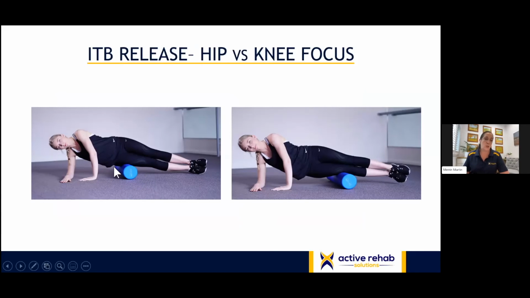And I find that you should be doing right up the top of the hip. If you're going to do a release, try and encourage a bit of TFL work as well, up the very, very top. They're both internal rotators and will increase that valgus knee drop and increase the risk of patellofemoral pain. So working with the roller, giving a massage effect on the very top of the hip is highly recommended.